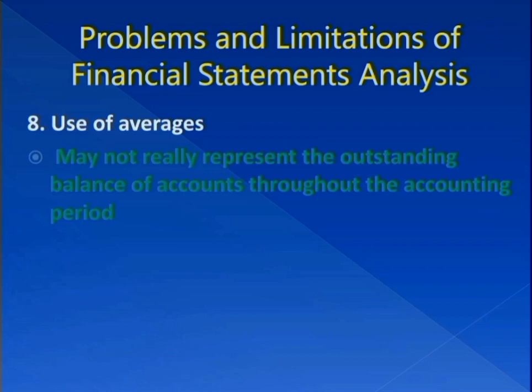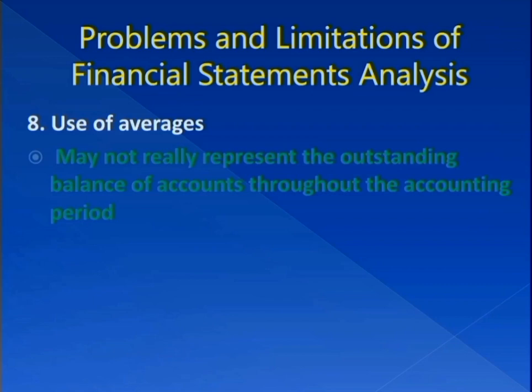In the second part of this video series, I mentioned the suggested remedy to this problem, and that is to use, whenever available, the quarterly or even monthly balances. But even then, the resulting figures are still averages, which are mere approximations.